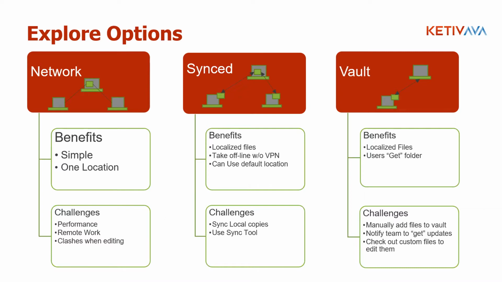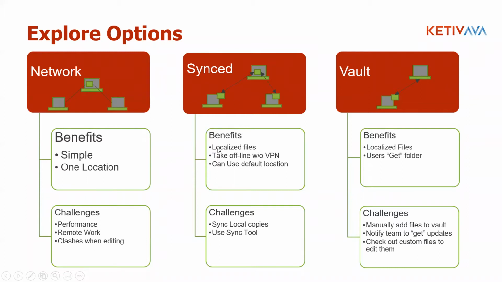Okay, so the second option here is a synced option. It's very similar to having a network option. So you still have that single source of information on your server, but then you sync it to a local copy of that. Everybody would sync that.